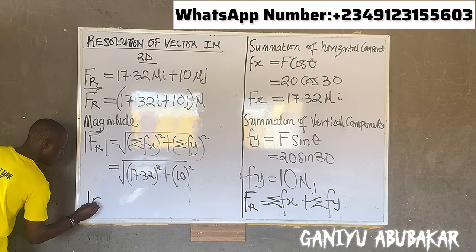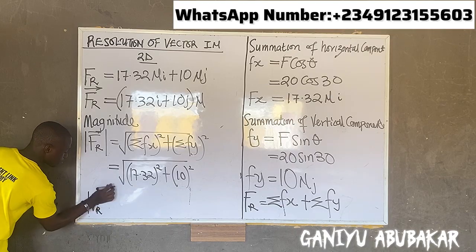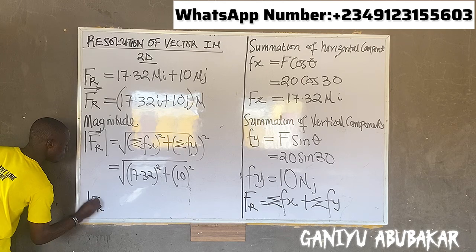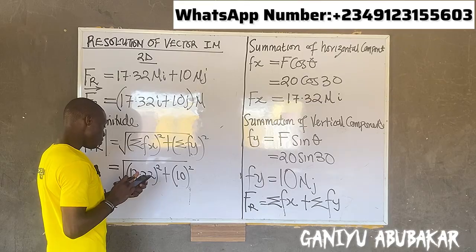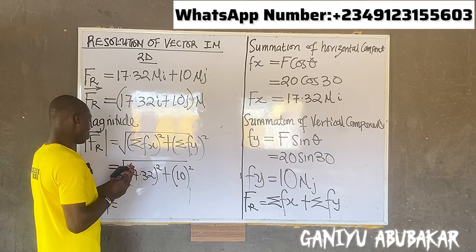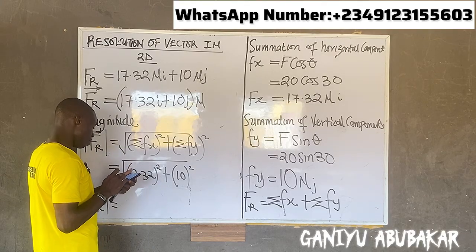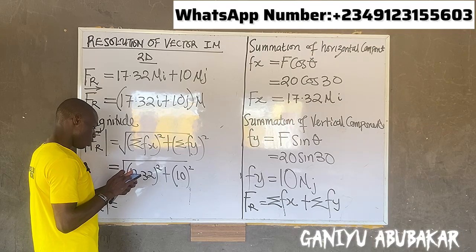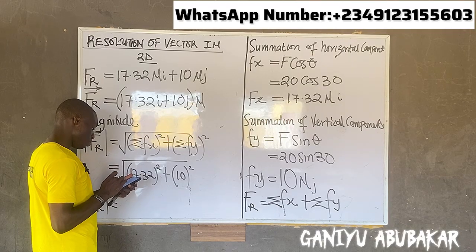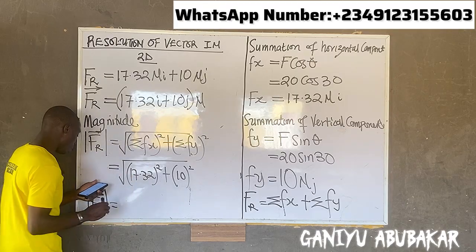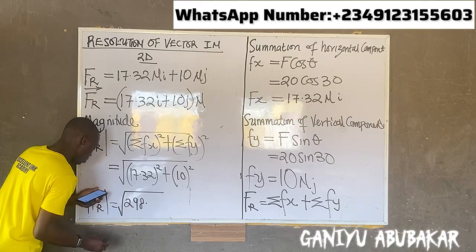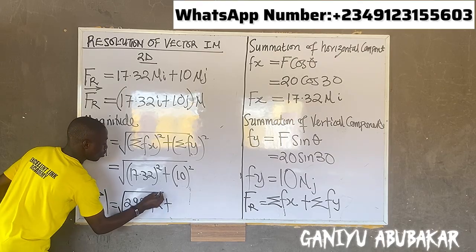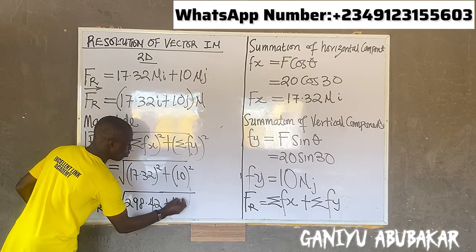If I punch in 17.32 all squared, that gives about the square root of 298.42 plus 10 squared, which gives you 100.